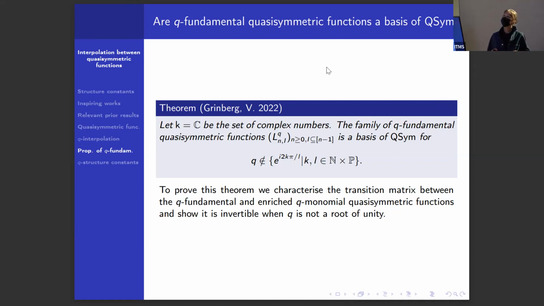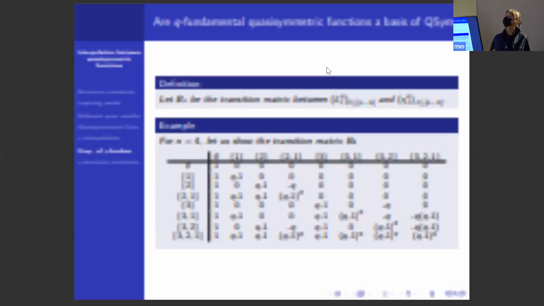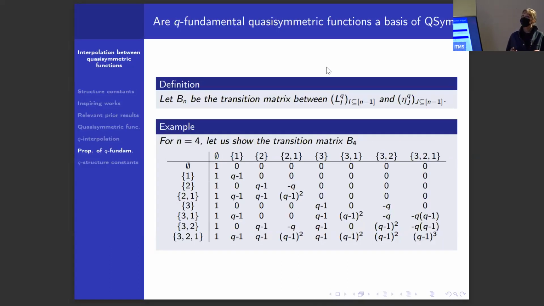We prove this theorem thanks to the characterization of the transition matrix between Q fundamental and enriched Q monomial quasisymmetric functions. Actually, we show that the determinant of this matrix is non-zero if and only if Q is not a root of unity. More precisely, let Bn be the transition matrix between Q fundamental and enriched Q monomials.